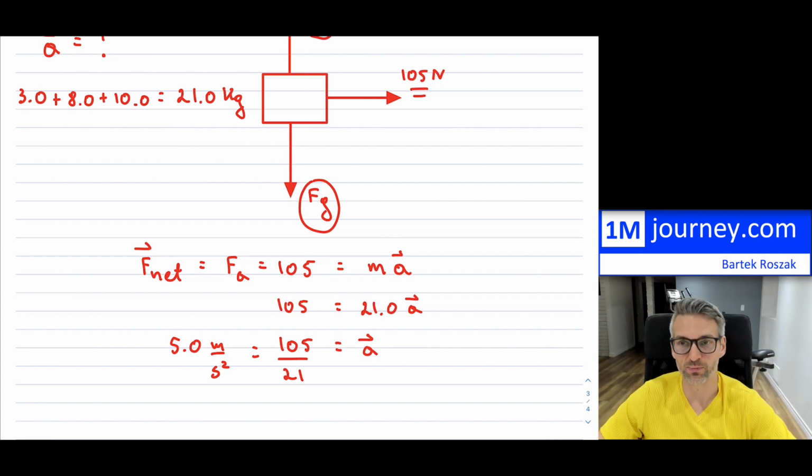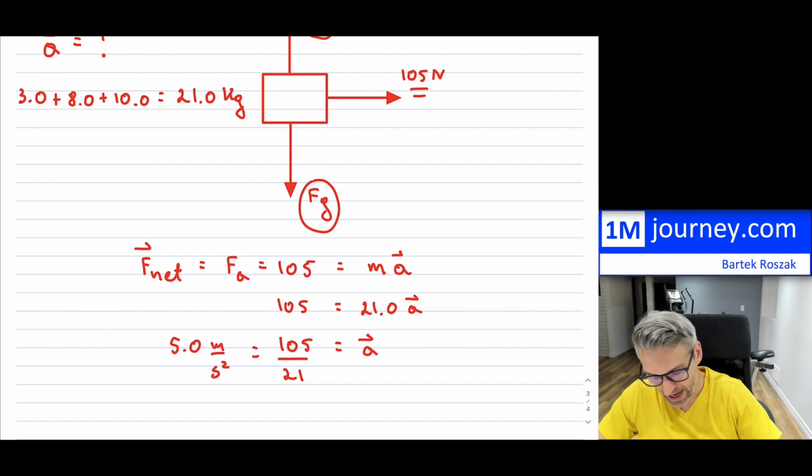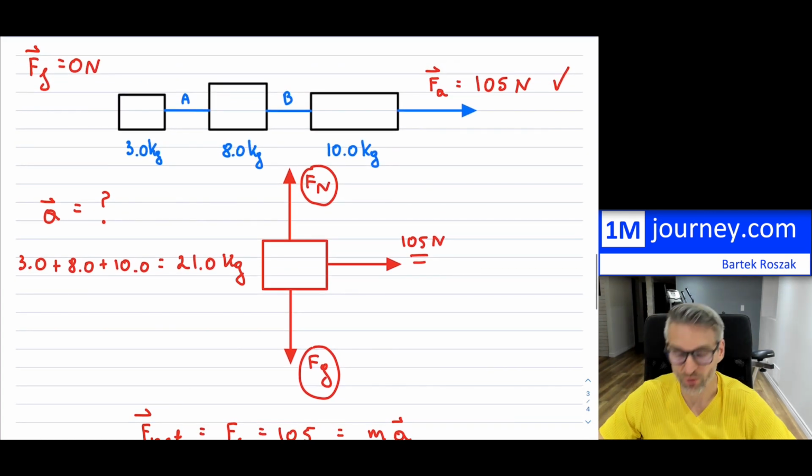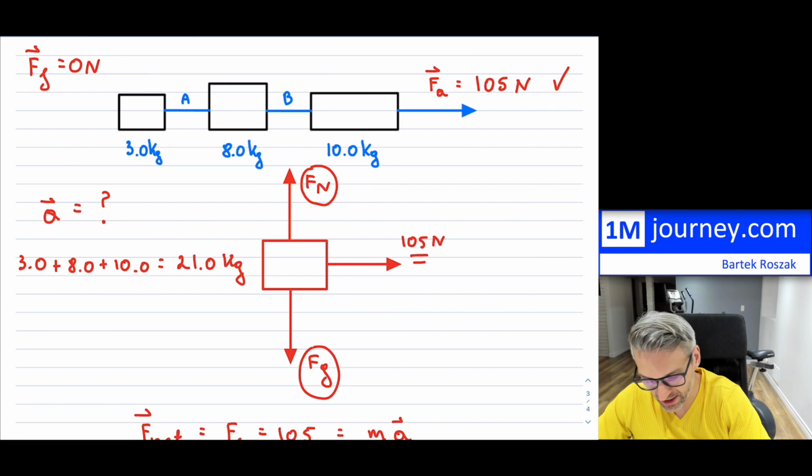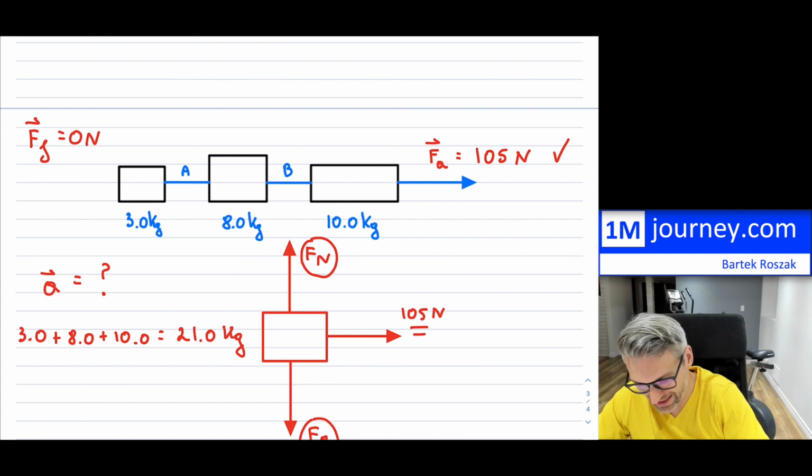So we would be able to put that, and now that would solve for our acceleration as a whole. So that means that all of these, this object, this object and this object, all of these guys are moving in the same direction at the same acceleration.